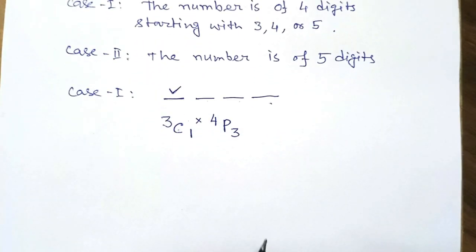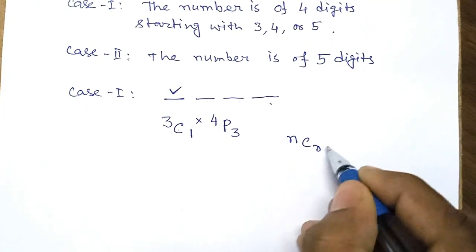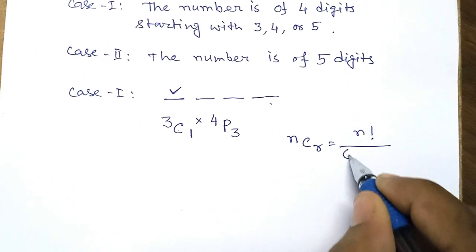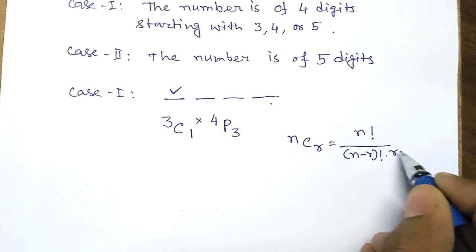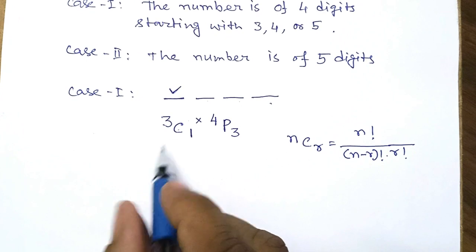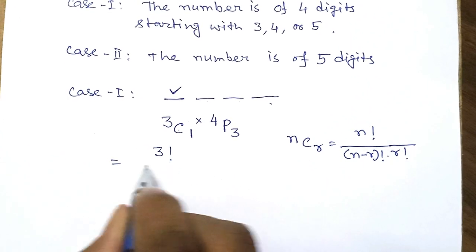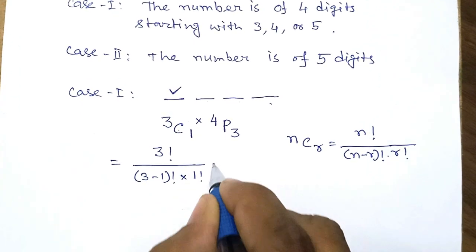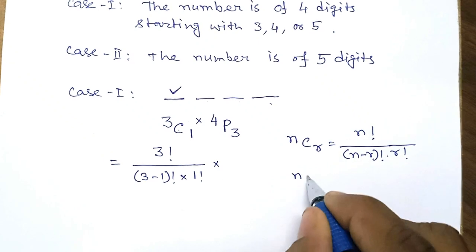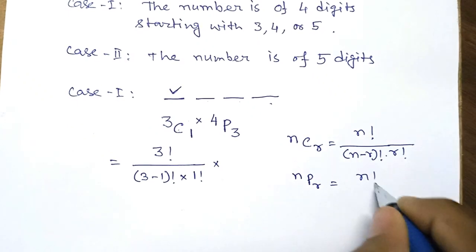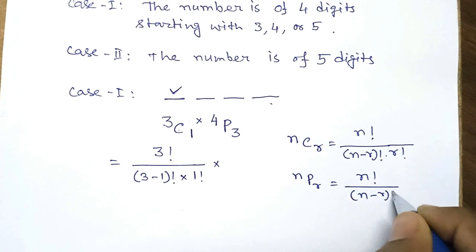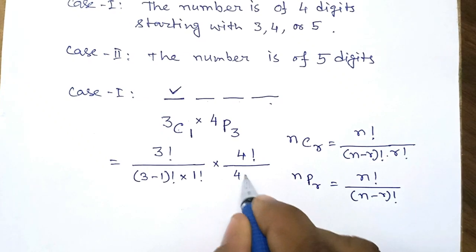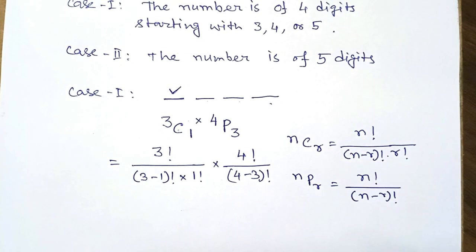Now what is 3C1? We know that nCr is equal to factorial n divided by factorial n minus r into factorial r. So 3C1 is factorial 3 divided by factorial 3 minus 1 into factorial 1. Now nPr is equal to factorial n divided by factorial n minus r, so 4P3 is 4 factorial divided by 4 minus 3 factorial.